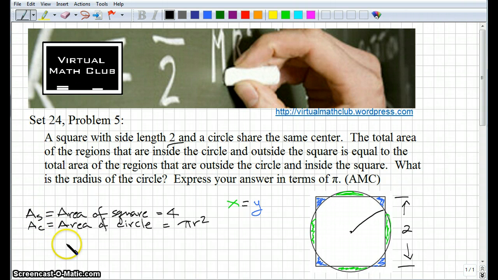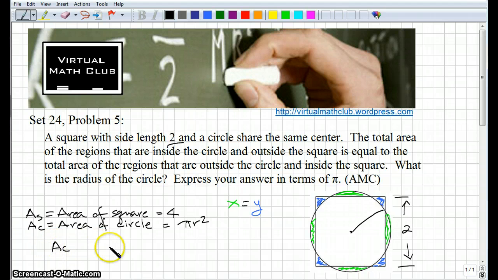If I take the area of this circle, subtract off the green areas and add on the blue areas, I would have the square. So let's do that.